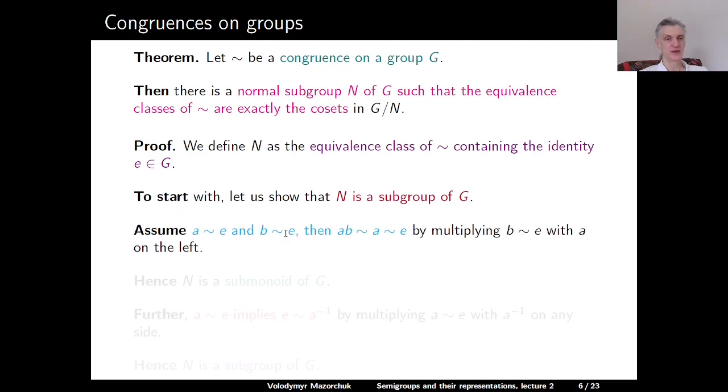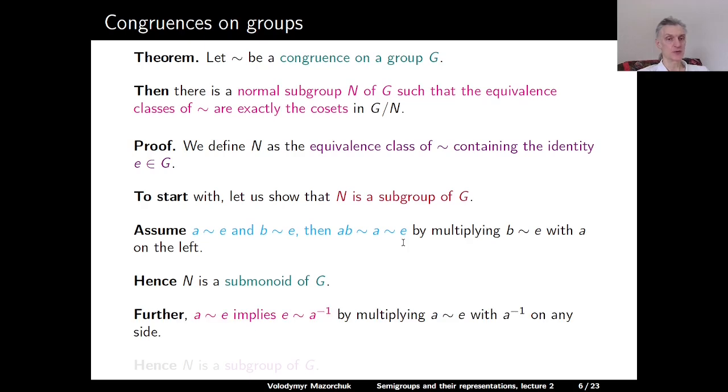Assume that we have two elements A and B in our class N. Then A is equivalent to E and B is equivalent to E. If we multiply the equivalence B equivalent to E with A on the left, we get AB is equivalent to A. But A is equivalent to E, this implies that AB is equivalent to E. And this means that N is stable under taking the product of elements. So this means that N is a submonoid of G.